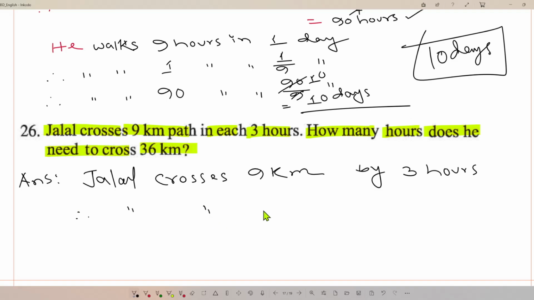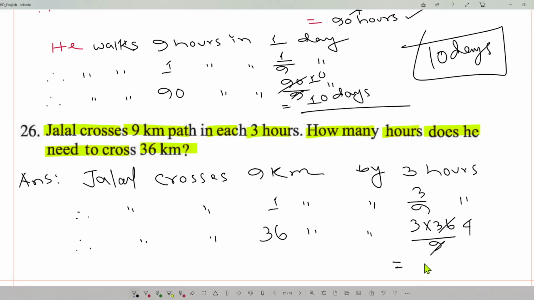So Jalal crosses 1 km in 3 by 9 hours. So Jalal crosses 36 km in 3 times 36 by 9. 36 by 9 would be 4. So he needs 12 hours. So the answer is 12 hours.